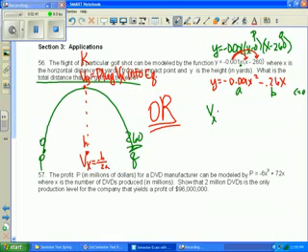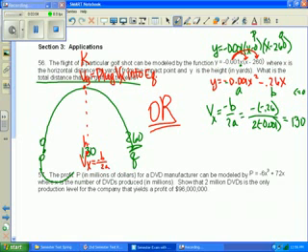Then you would find the x value of the vertex by doing negative b over 2a. And you would find that that's at 130. So our x value of the vertex is 130. But again, since this asks for the total distance, that's all the way over here. And so you have to double that. And so 2 times 130 gets you all the way across at 260 yards.